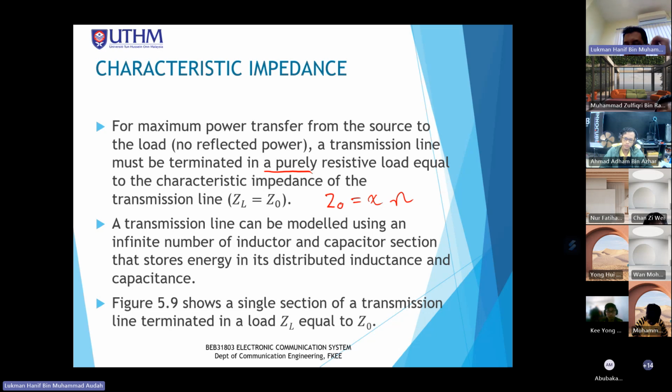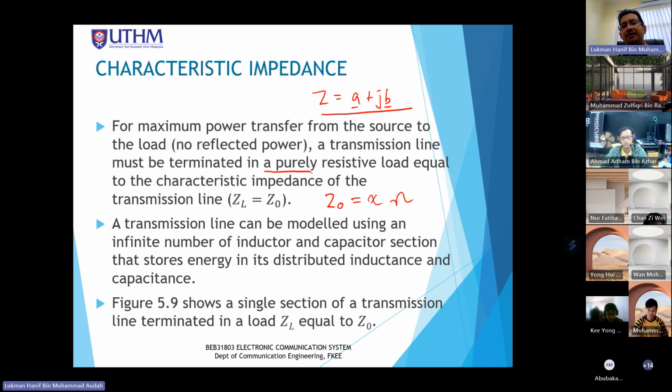If you know, the impedance we normally write in terms of a plus j of b, right? So Z, normally we write the impedance in terms of the resistance plus the reactance.